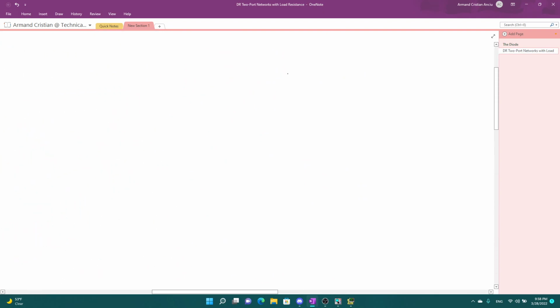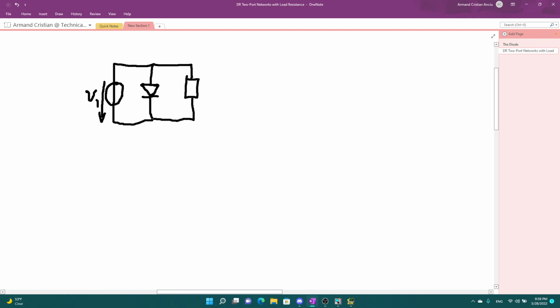Well, let's take this first circuit. For example, we have a voltage source. We have a diode in parallel this time to our voltage source. And in parallel we have a resistor. So what happens here?